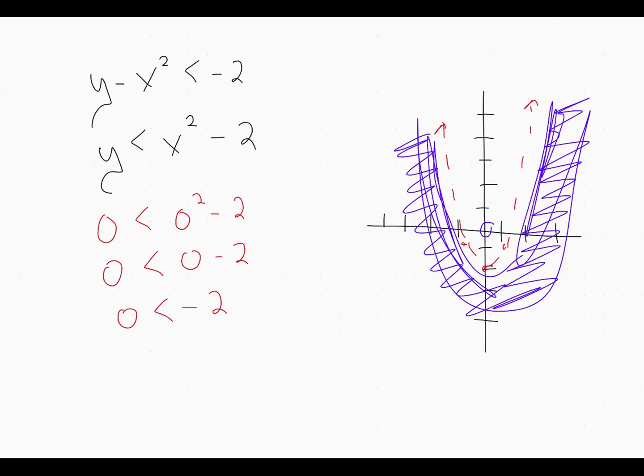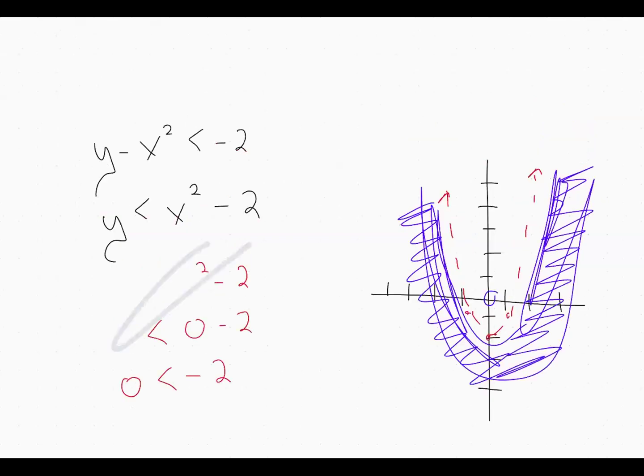And example 3 is shading a system of 2 inequalities. All right.